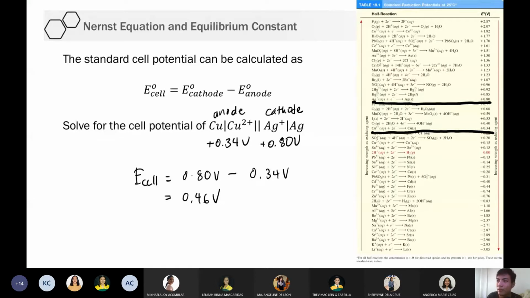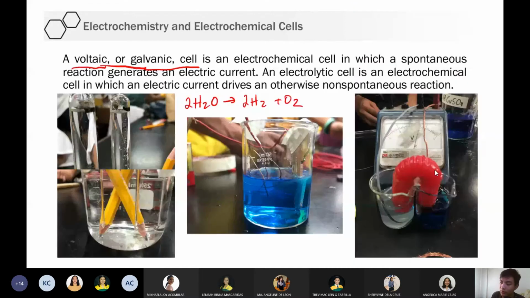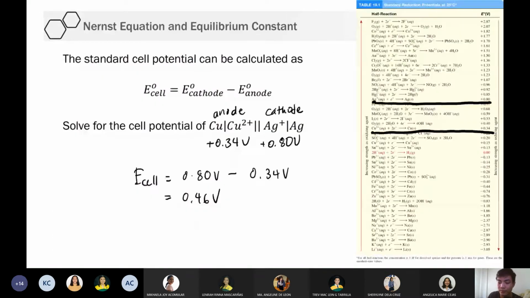That's it, 0.46. This means that if you connect that to a voltmeter, like what we did here last year, it will read exactly 0.46.